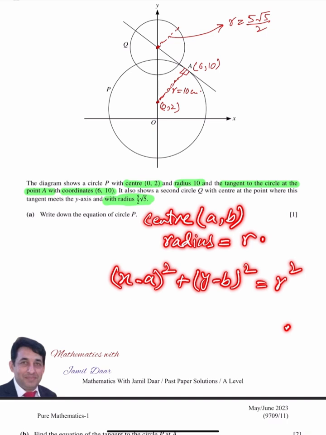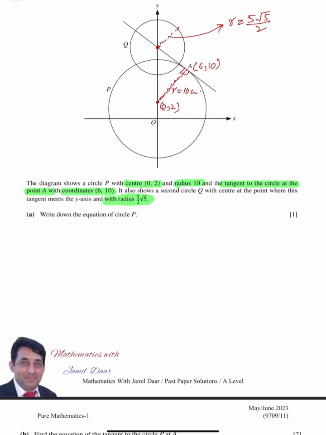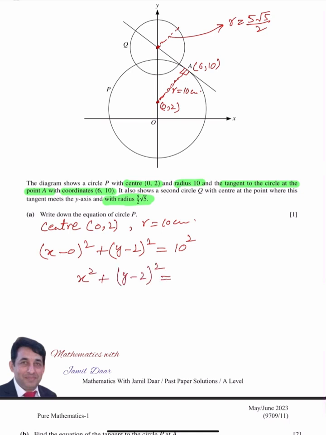Now here the center is 0, 2 and the radius is 10 centimeters. So the equation of the circle P is (x minus 0) whole square plus (y minus 2) whole square is equal to 10 square. That becomes x square plus (y minus 2) whole square is equal to 100. So this is the equation of the circle P.